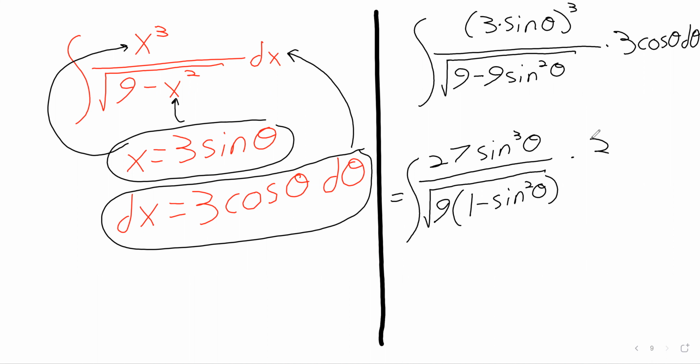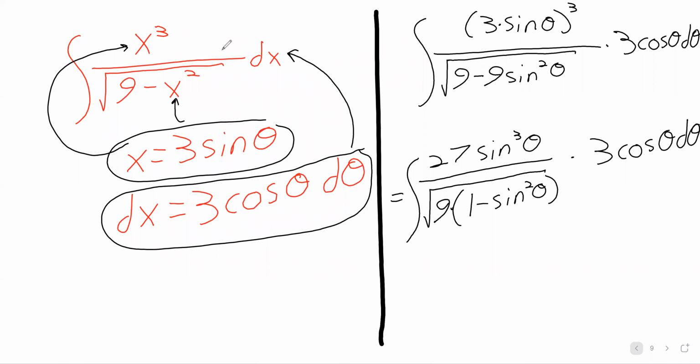And we've got this 3 times the cosine of theta hanging around. So the square root of a product, again, that's going to be the product of the square roots. So let me copy this.